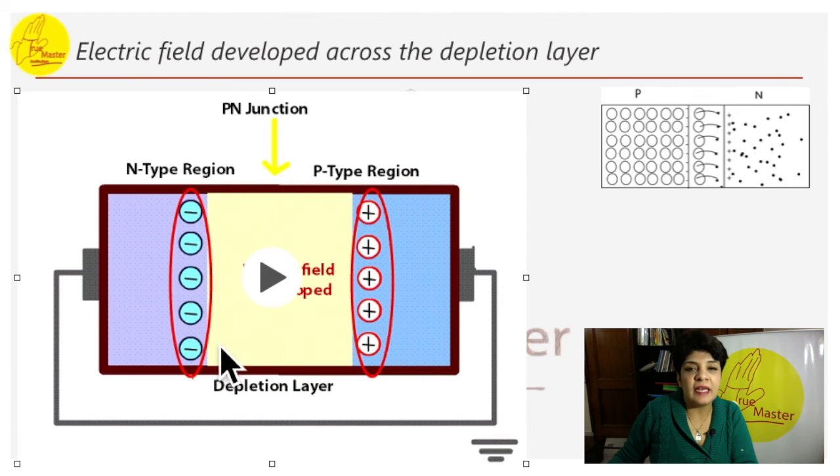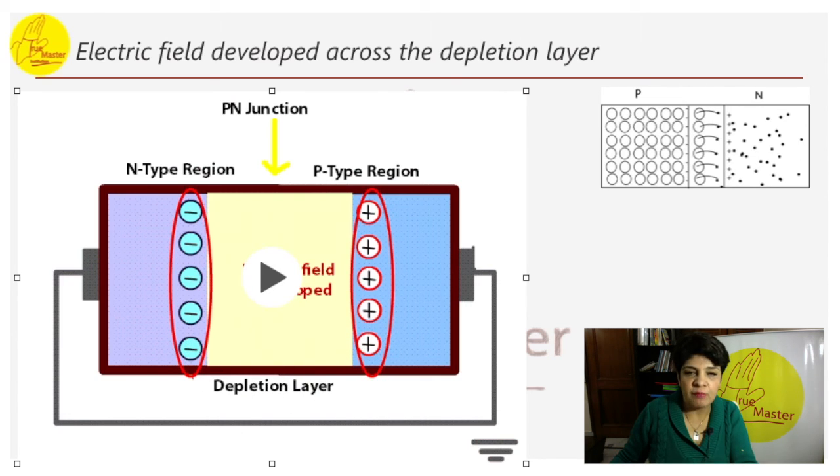Because of this electric field developed in between, this is stage 2, where the current will flow due to the minority. The electric field supports the minority charges, electrons in P type and holes in N type. These few carriers will be allowed to flow. The minority will allow the current to flow.